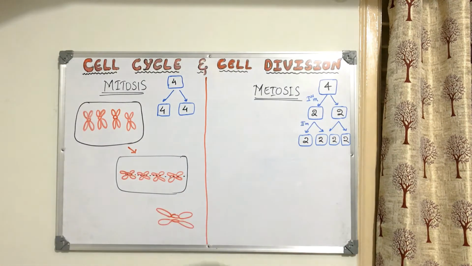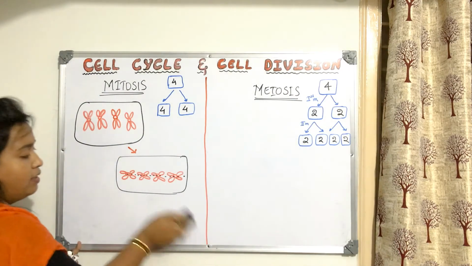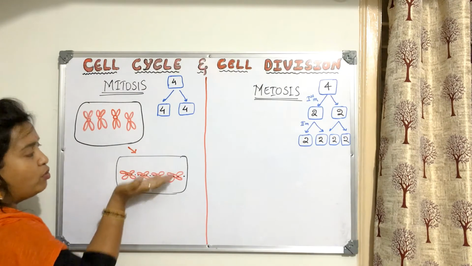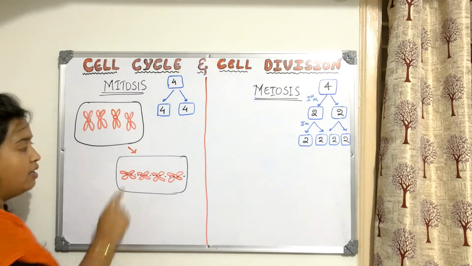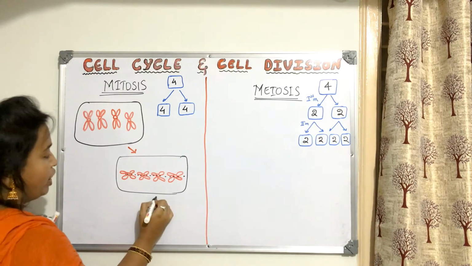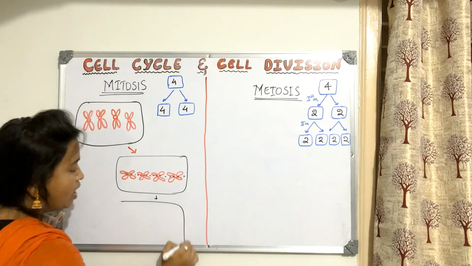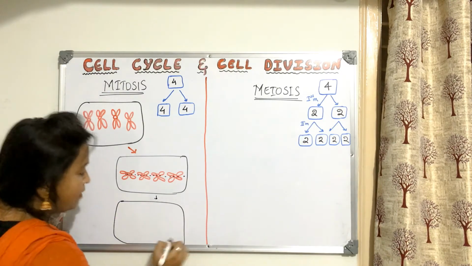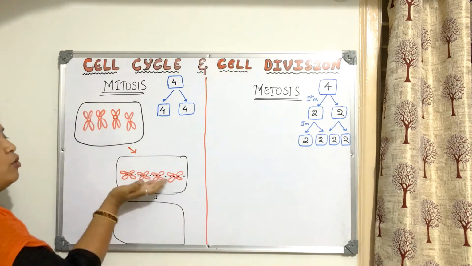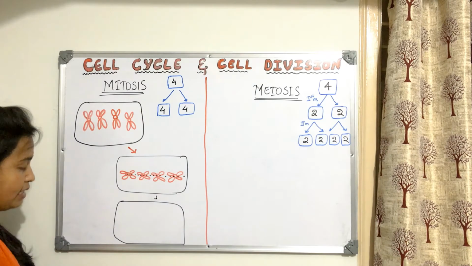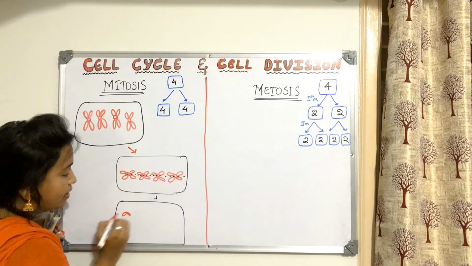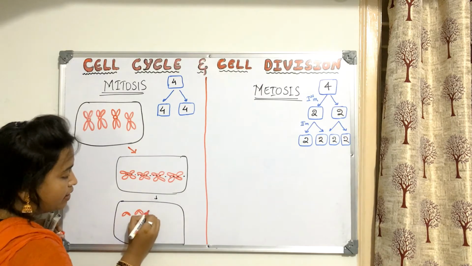If the centromere divides, then tell me how many chromatids will move towards the upper side? I am showing you in another stage here. In another stage, these upper chromatids will move towards one pole. While moving, it will be moving like this.